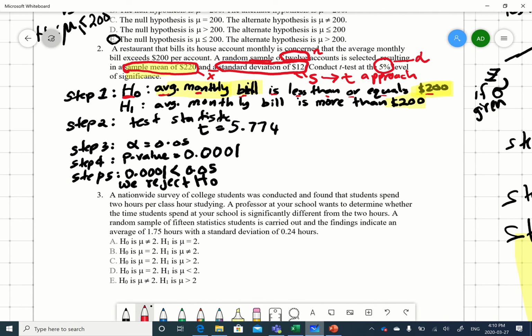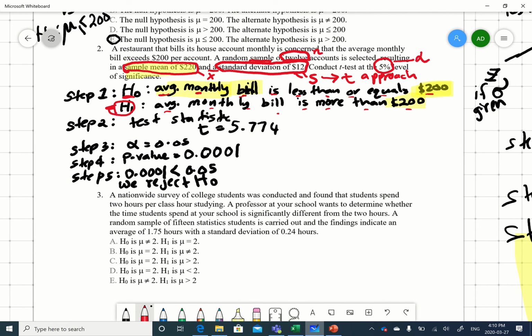So that is an indication since we are testing H naught versus H1, this is an indication we have to accept H1. So that means this is true. So what is this? It means average monthly bill is more than 200. So basically their concern is true.